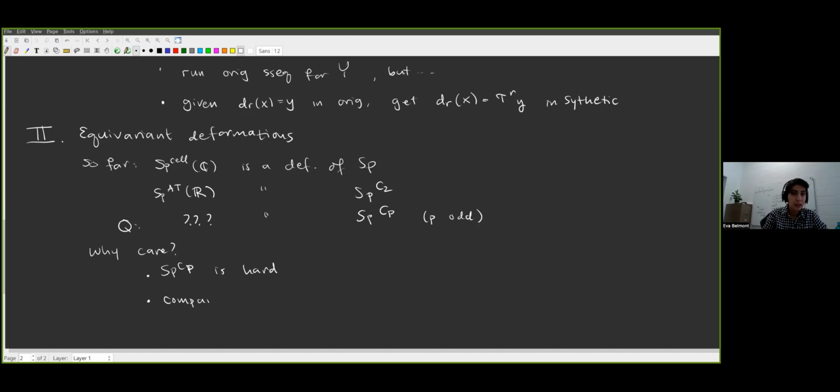There is a comparison map that would give an interesting way to study C_p spectra, from whatever we figure out how to put here back down to this.